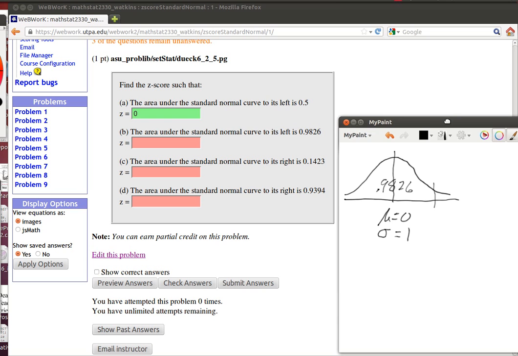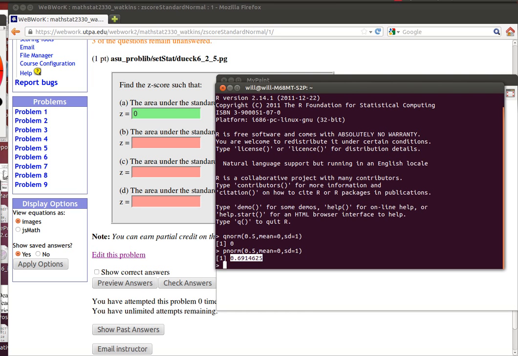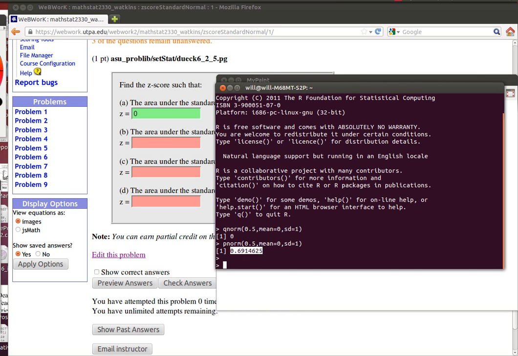What we're looking for is that particular z value. That's called a quartile. We're looking for the quartile, and R happens to have that function.